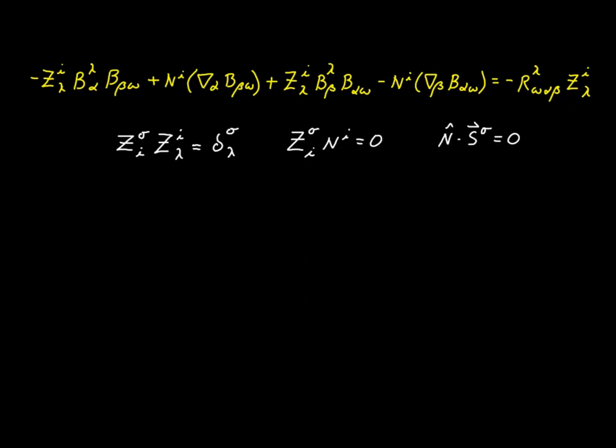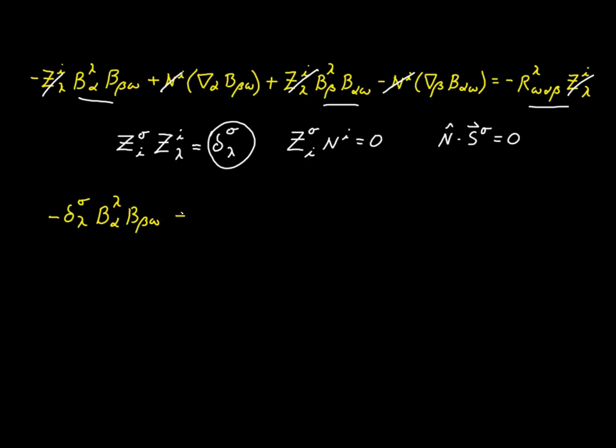Okay, well, that means that as we go through the equation, here, here, and here, we're going to get this delta factor, and here and here, we're going to get 0. So we'll have three non-zero terms left, this one, and this one. So we'll have negative delta sigma lambda times b lambda alpha, b beta omega, and then we've got this term right over here.